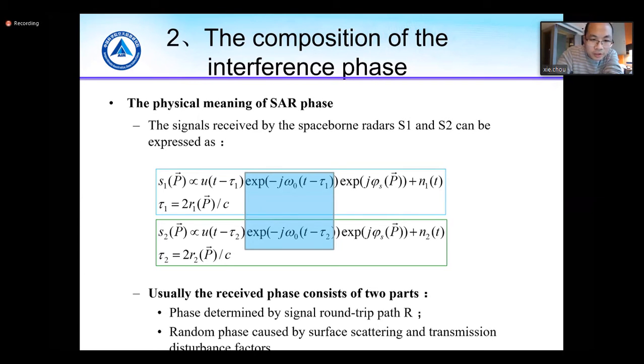One is the phase determined by the single round-trip path. And the other part is the random phase generated by the interference of surface scatterers and transmission path factors during the propagation process.